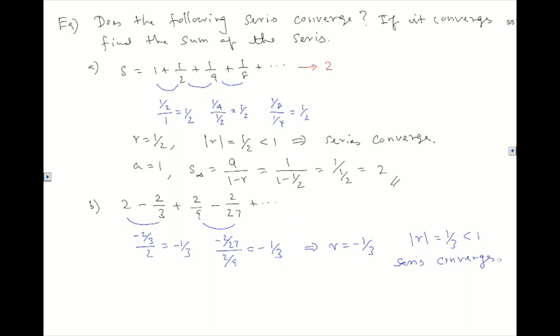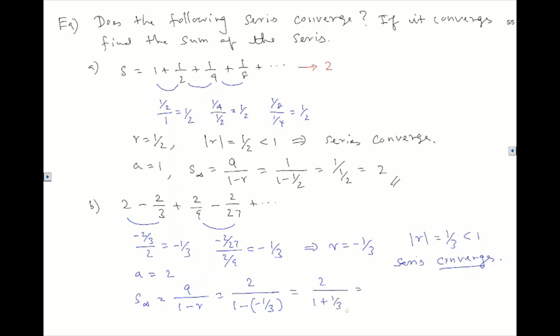Okay, you need to write that. Converge or diverge, so the series converges. Now in this case we have a equal to 2, so we can write the sum to infinity as a over 1 minus r. We plug in: 2 over 1 minus negative 1/3, because r is negative 1/3, so you get 2 over 1 plus 1/3.